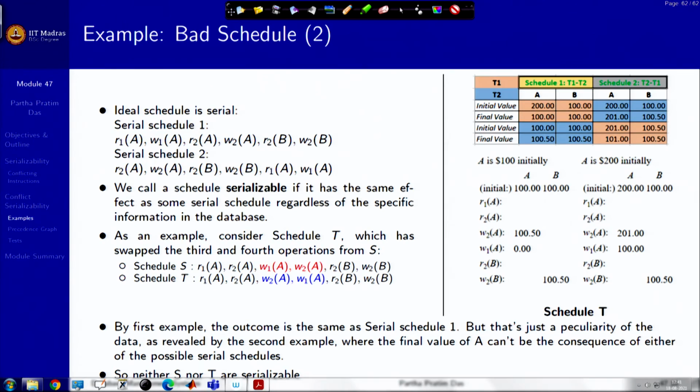So, the valid values for A are 100.50 if you first withdraw and then give interest, or, if you first give interest, it is 101 and then withdraw, so it is 100. So, these are the two possibilities by serial schedule, right? But here you are ending up with different values.